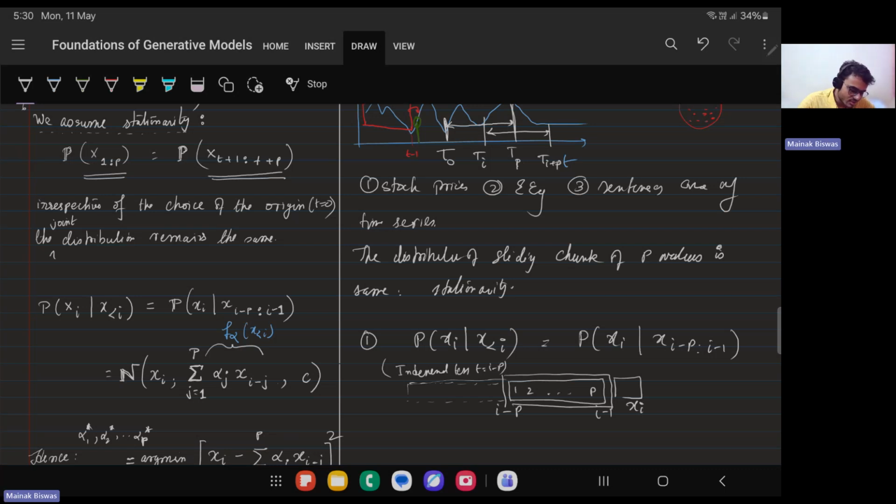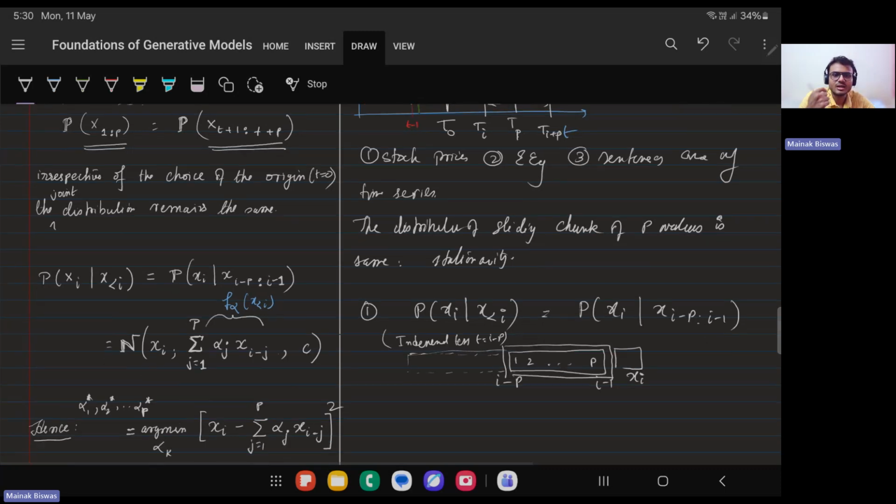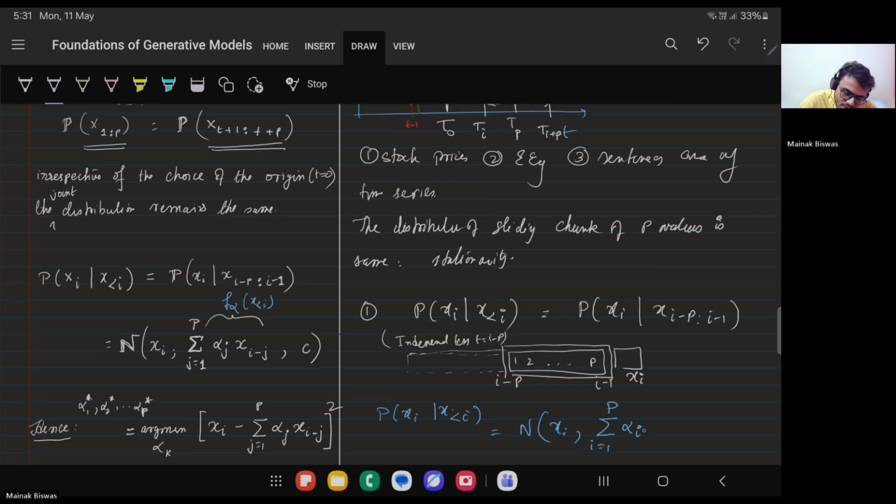Okay. So now let us assume that it's going to predict xi's. So I'll say that xi given xi minus 1 and so on, this distribution will be modeled by a normal distribution of xi, which is a real number, with mean the summation of alpha j x of i minus j, j equal to 1 to p, and some constant.